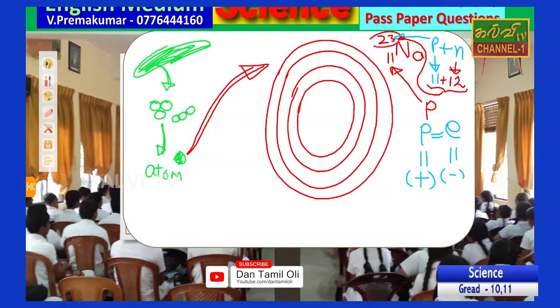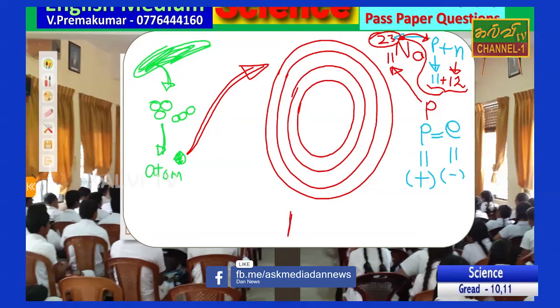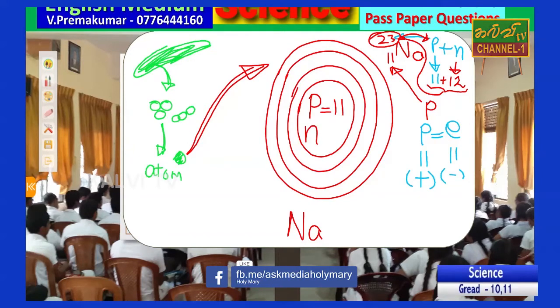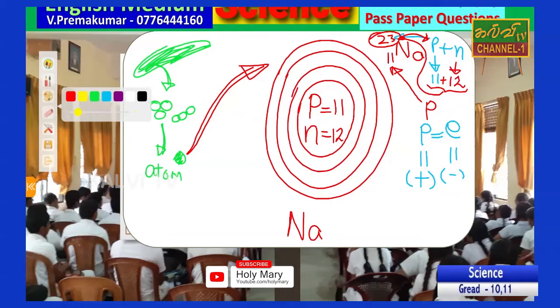This 23 indicates protons plus neutrons. In the sodium atom, the number of protons is 11 and the number of neutrons is 12, which are available in the nucleus. This is called the nucleus.